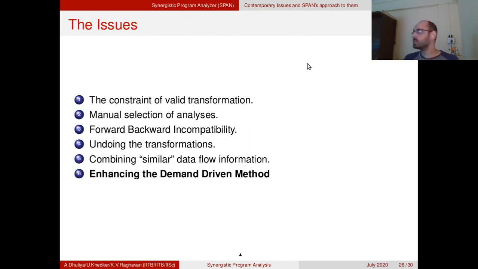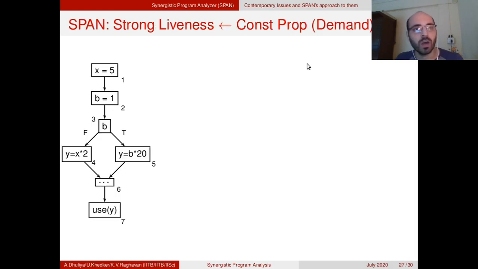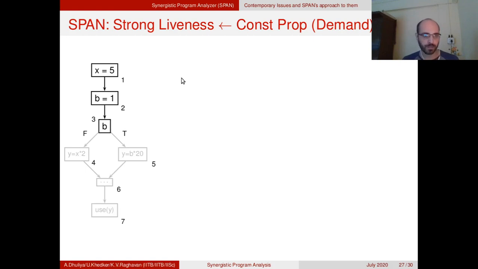Now, enhancing the demand driven method. Let's see how strong liveness communicates with constant propagation. Suppose this is the program, and strong liveness starts from 3. Why? Because 4 and 5 are control dependent on 3, and since 6 and 7 are reachable only after 4 and 5 are reachable, they are all marked unreachable.